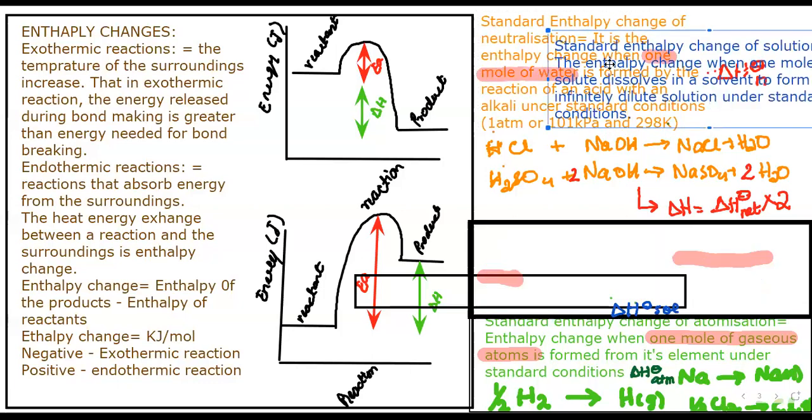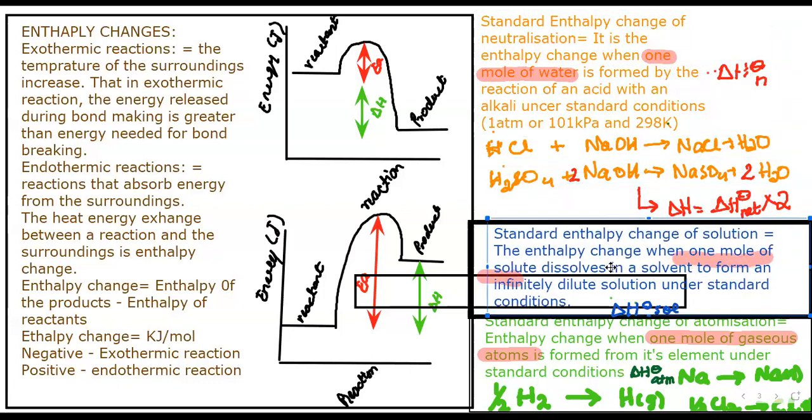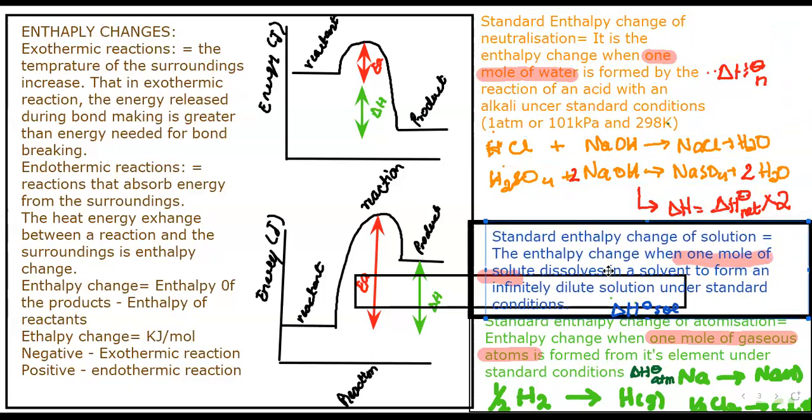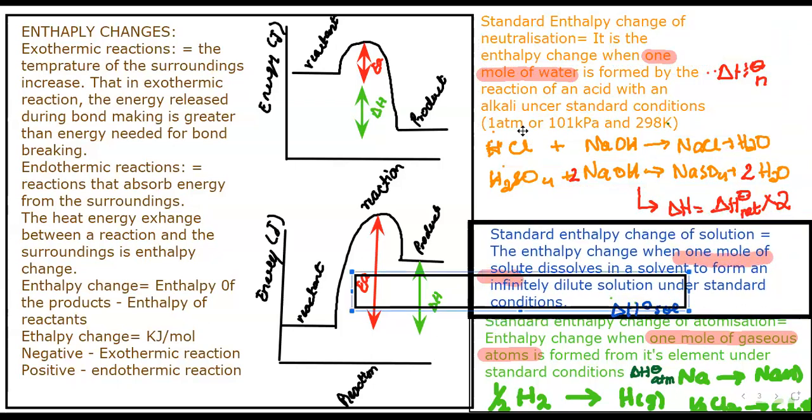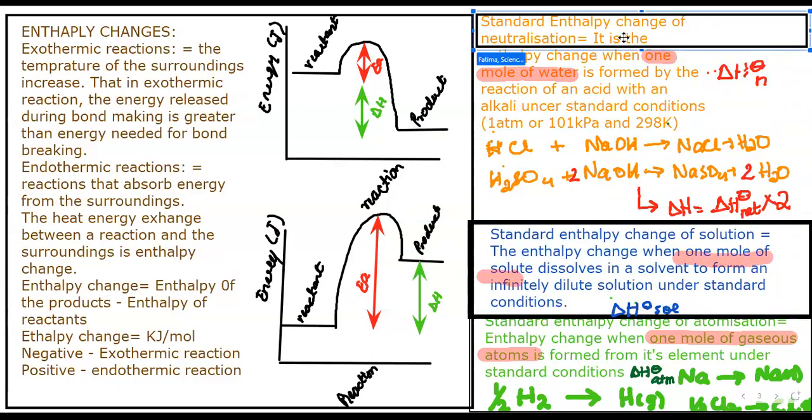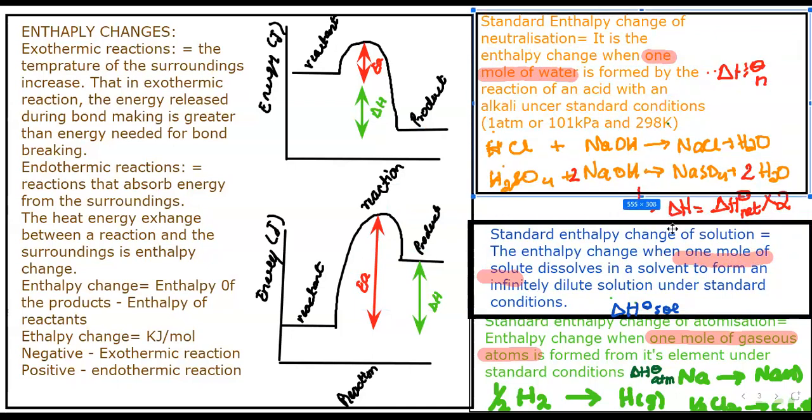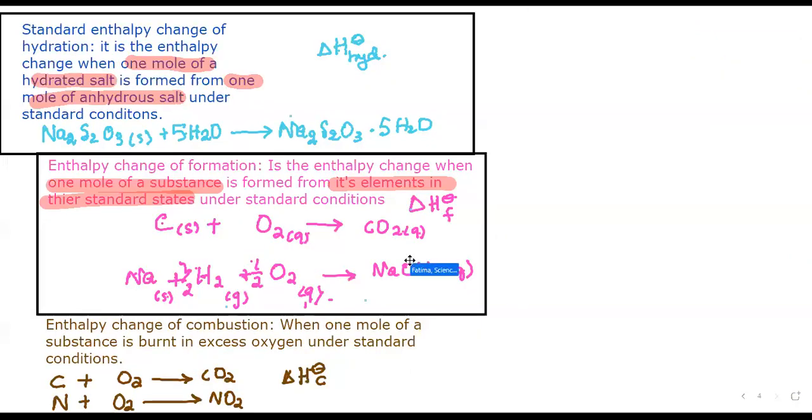The standard conditions are a pressure of 101 kilopascals or 1 atmosphere, and a temperature of 298 kelvins. When you take 25 degrees centigrade and add it to 273, you get 298. These are the standard conditions that are going to be present.